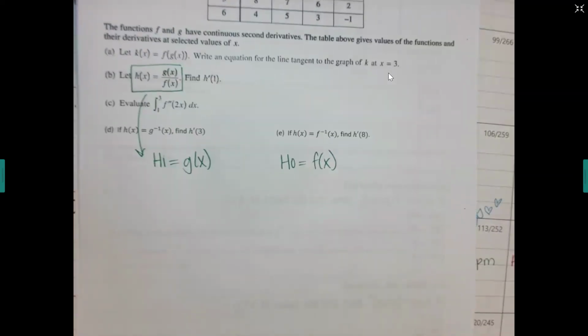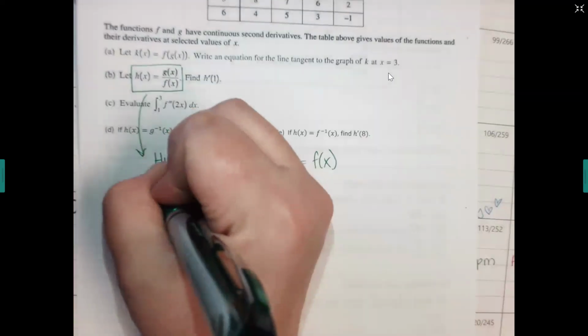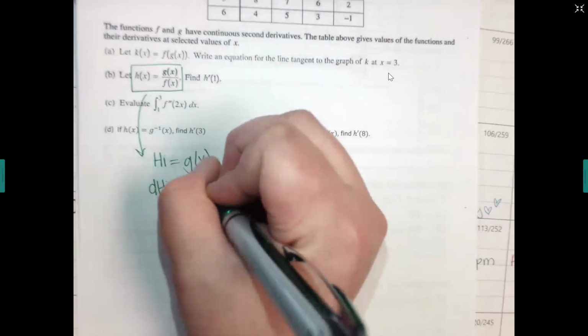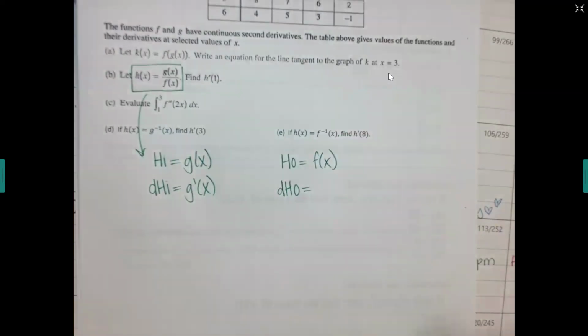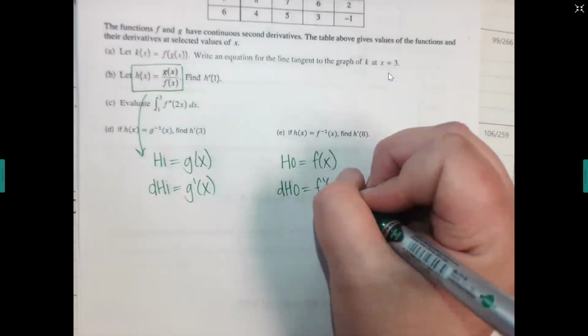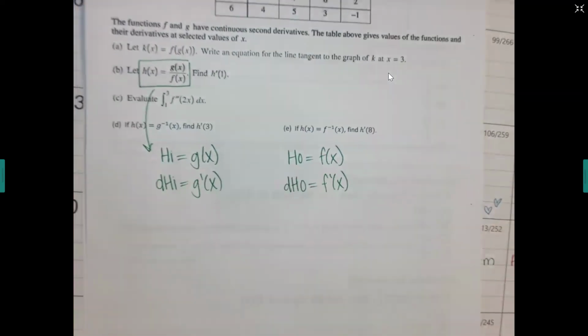And then remember, D high and D ho are just the derivatives of those pieces. So D high is going to be G prime. What will D ho be if it's the derivative of F? F prime. And then remember, ho D high minus high D ho. The order here does matter. Okay.